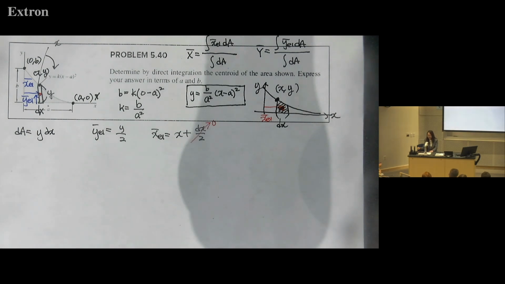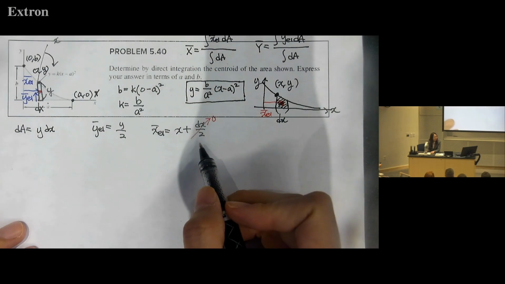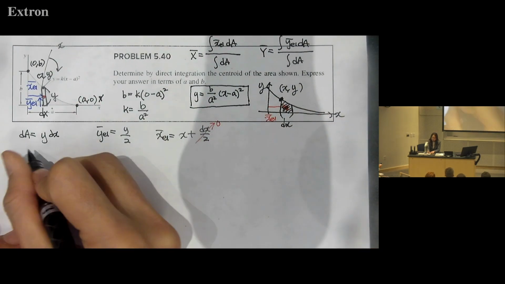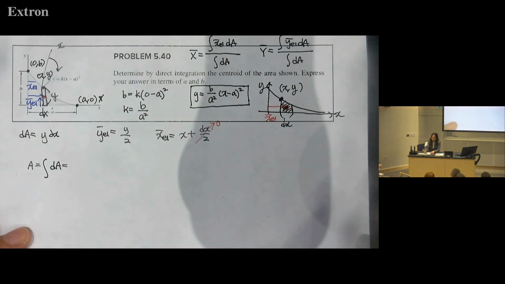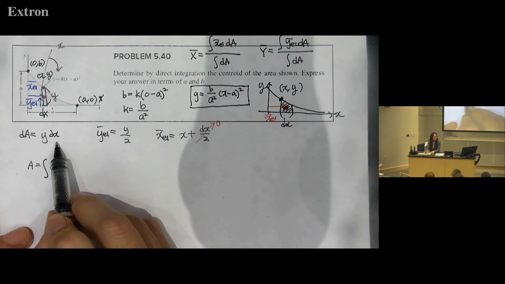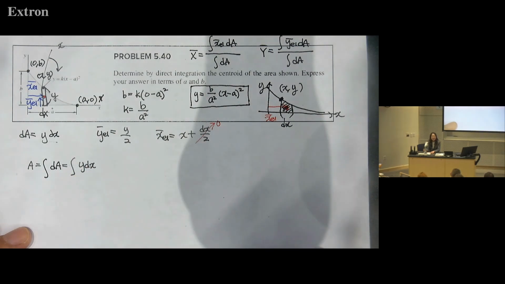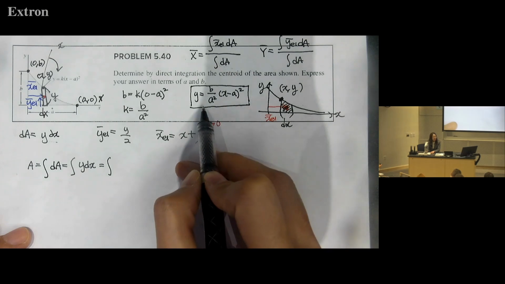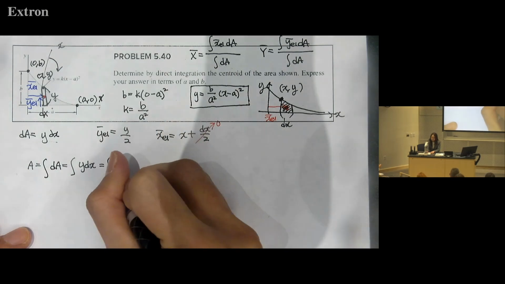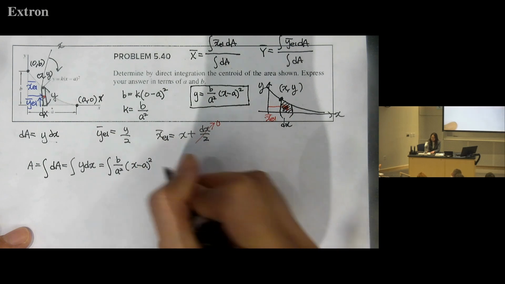Okay, then move on to the integration. The first area is integral dA, right? And dA is this, so I write y times dx. And y is here: b over a squared, x minus a squared, and then dx.